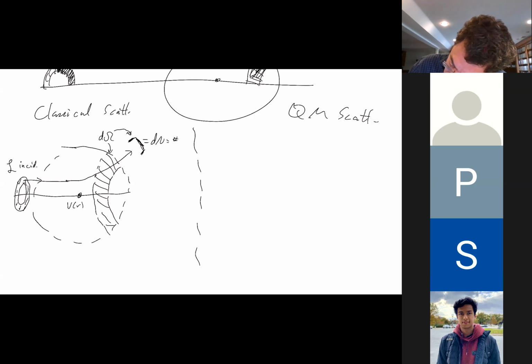That's the number of particles per time that I measure. Whereas the luminosity is equal to the number of particles per time per area that I send in.